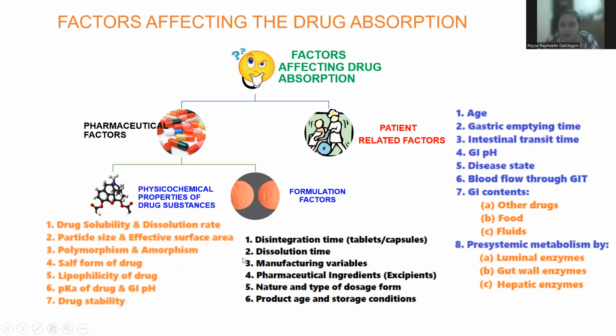When you say polymorphism, we have different forms of our crystals, and we need to determine which among these polymorphs are stable for it to be absorbed quickly. Okay? So for example, if our drug has polymorphs A, B, and C, we look there and differentiate which among them is stable or unstable. Of course, the stable one is what we will use.